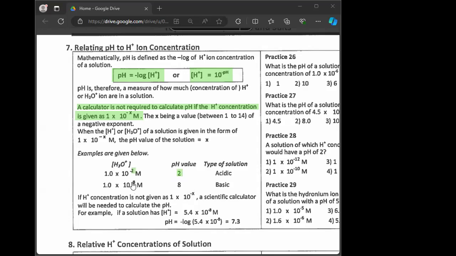If the hydronium ion concentration is 1 times 10 to the negative 8, then the pH is just equal to 8. Now, when it's not 1 times 10 to the negative something, then you're going to need a calculator.